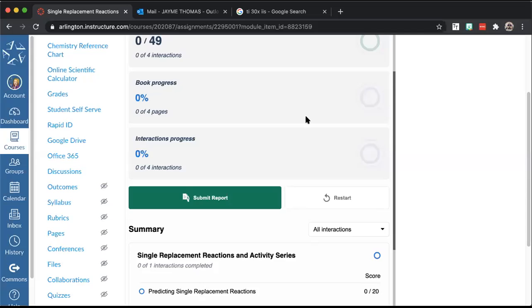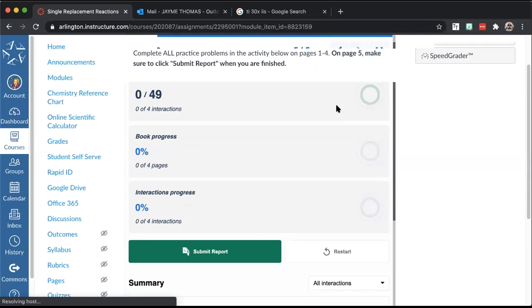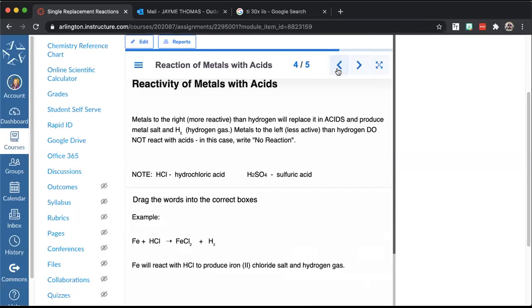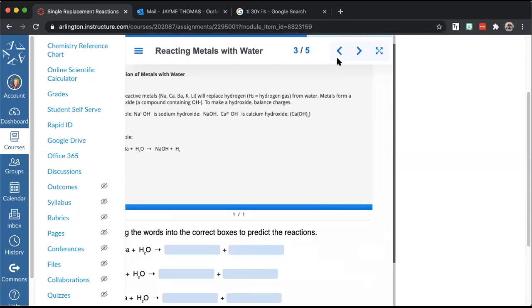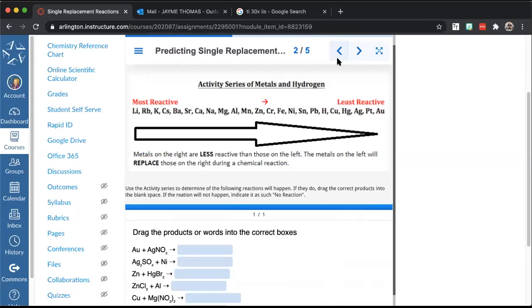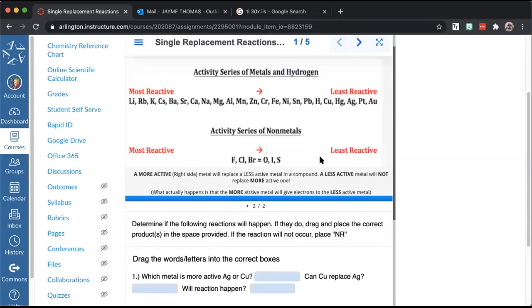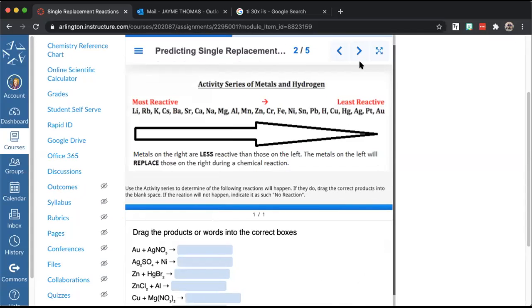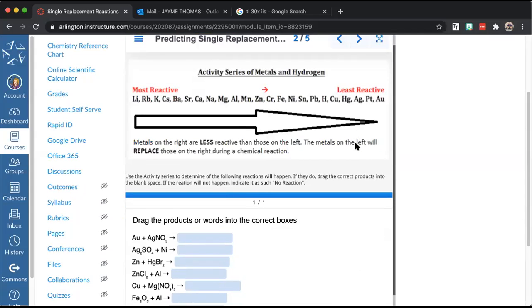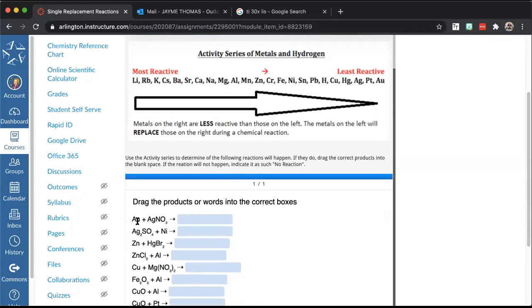All right, so let's say I'm on here doing these practice ones. Any of the sections are going to be pretty much the same. We'll go to the second one. It says drag the products or words into the correct boxes. This first one, I have Au plus AgNO3.